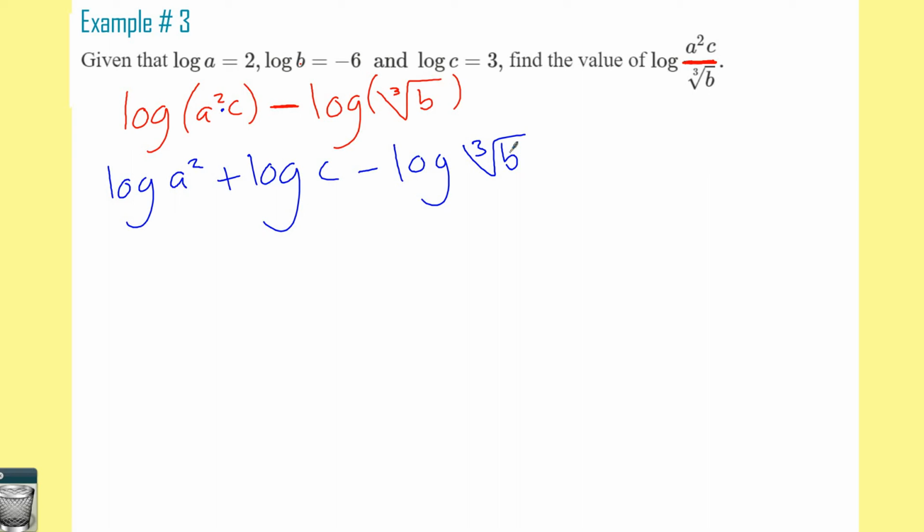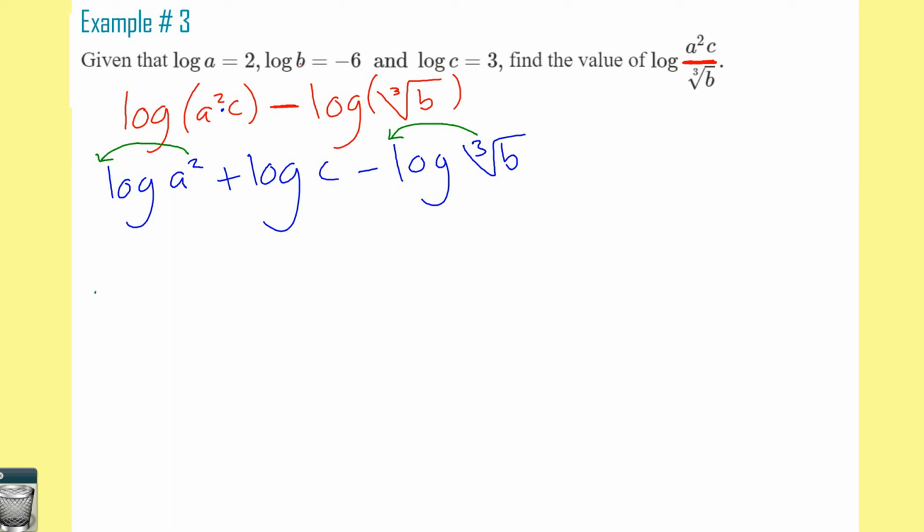Now I'm getting somewhere because I have that log c, but I need log a by itself and log b by itself, but I've got these pesky exponents. What do I do with those exponents? Hopefully you remember they go out front.